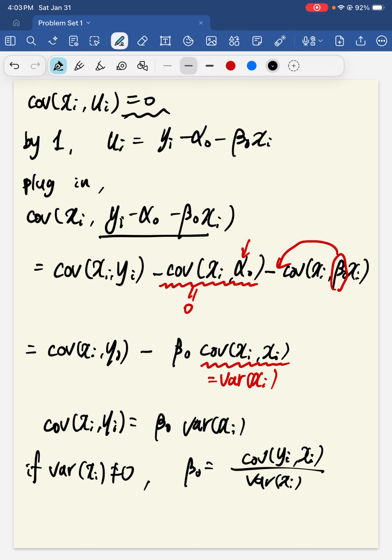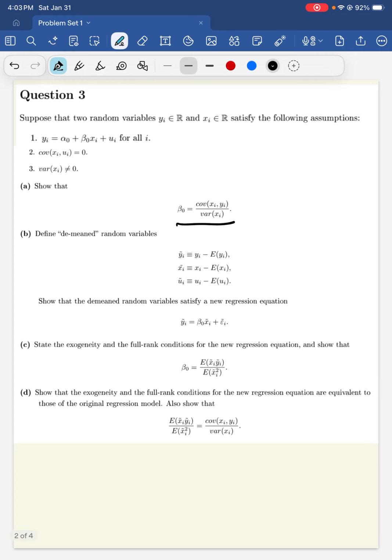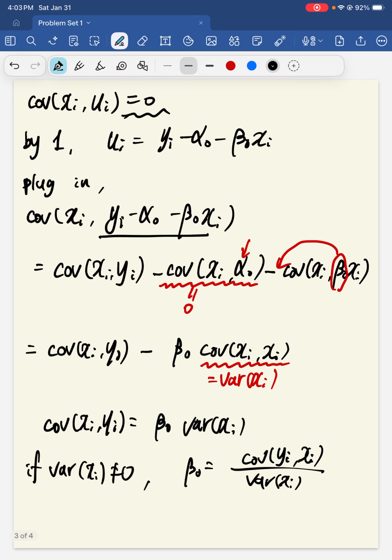Okay, that was the answer to this question. And now we have demeaned random variables. Okay, let's see this. Clear page. We have y tilde equals y minus expectation y, and x tilde, similar definition, x minus expectation x.